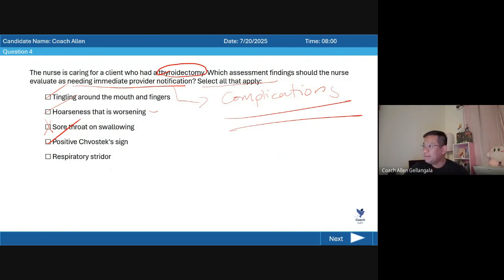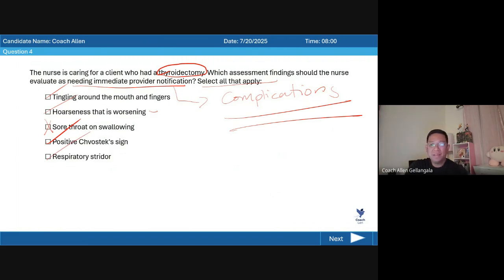And where's your thyroid again? Your thyroid is here. Okay, the thyroid and the parathyroid gland is at the front of the trachea. So any form of inflammatory reaction there, meaning there's a swelling secondary to post-surgical interventions, is a concern. So respiratory stridor is also a reportable condition.